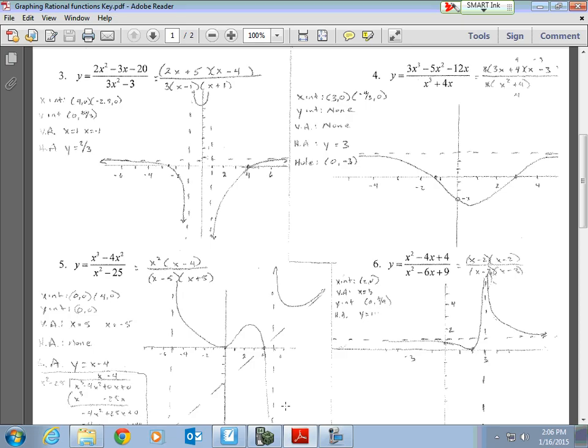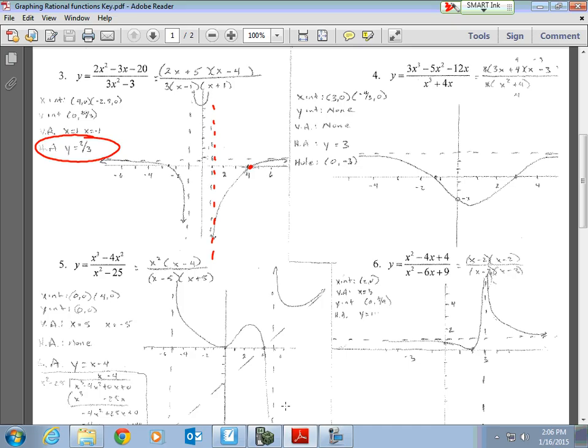Next, on the far right-hand side, as x goes to infinity, y will approach the horizontal line y equals 2/3. It has to pass through x equals 4 and y equals 0. It has to pass through the x-intercept at (4, 0). It has to approach this vertical asymptote.